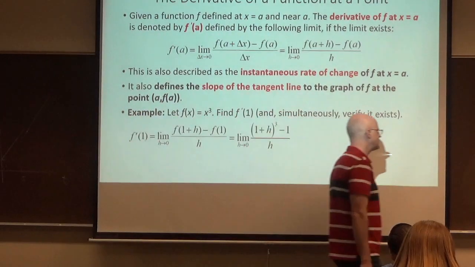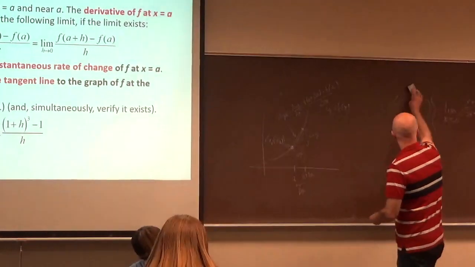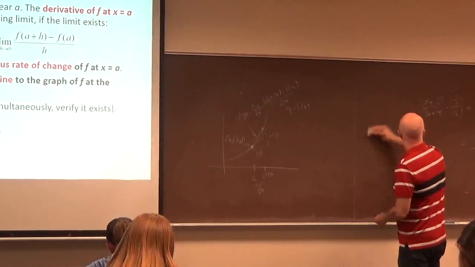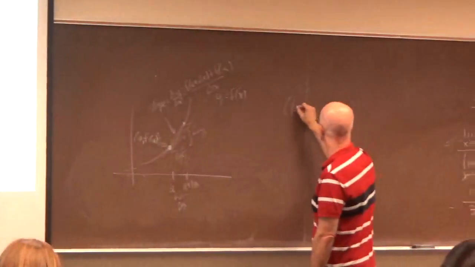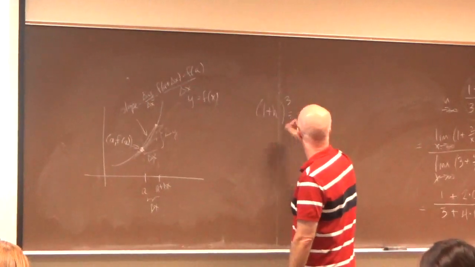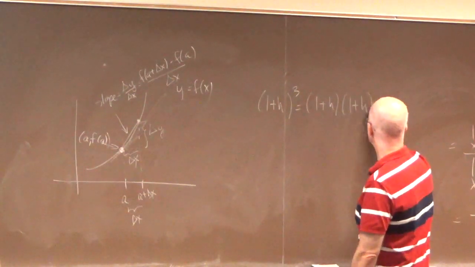How do you find 1 plus h quantity cubed? Well, you could take the time to actually work it all out by hand. Here are the details. 1 plus h quantity cubed is 1 plus h times 1 plus h quantity squared.